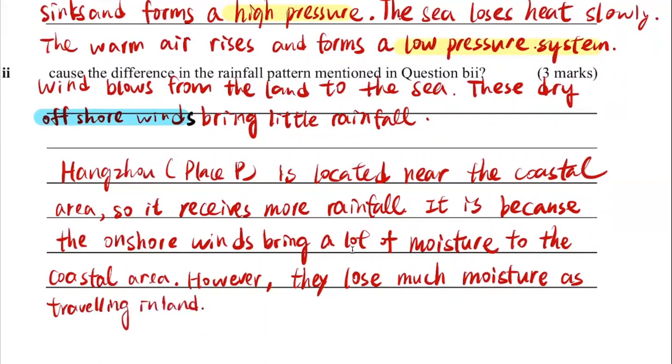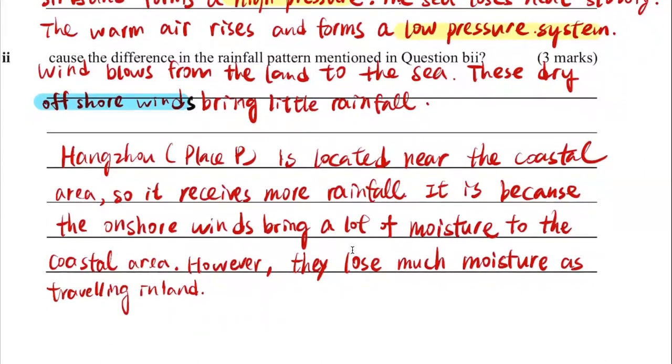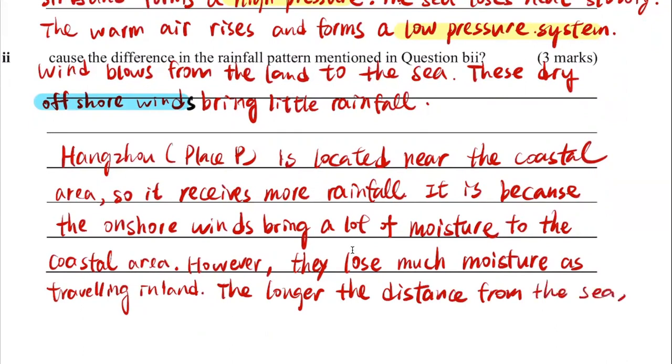When they leave the sea, they will lose the moisture very quickly. So the longer the distance from the sea, the less the amount of rainfall.